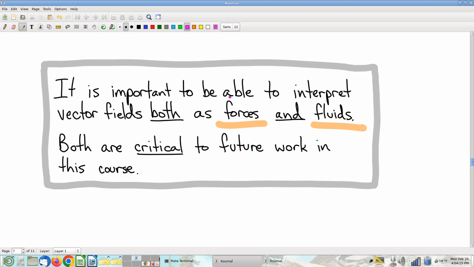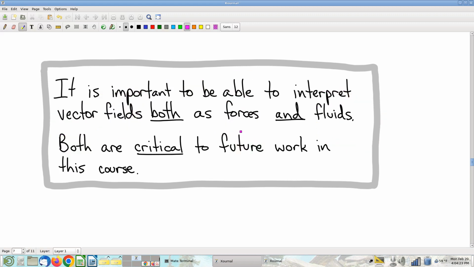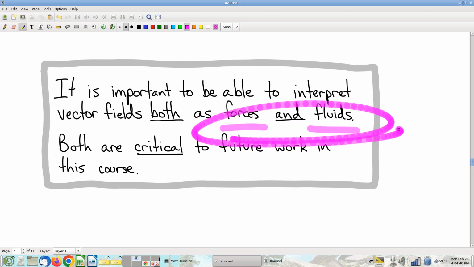Likewise, there will be some things we're going to do with vector fields that will require that you think of them as representing the flow of a fluid. So take whatever time is necessary so that you become comfortable thinking about both of these. And furthermore, be sure when you're making some interpretation about vector fields that you're clear about which one of these you are actually thinking about at any given point in time.